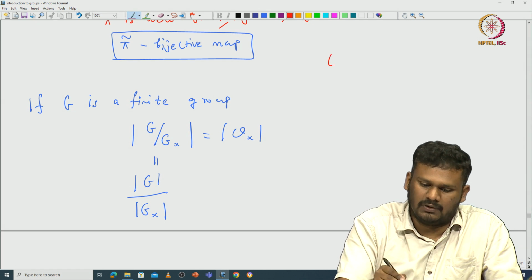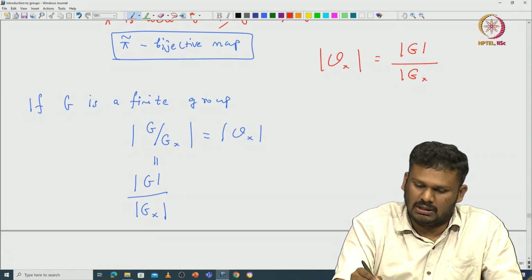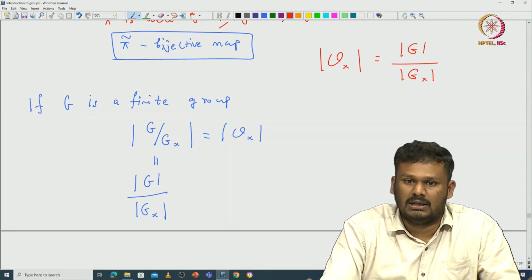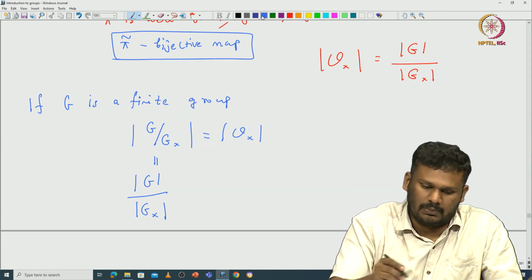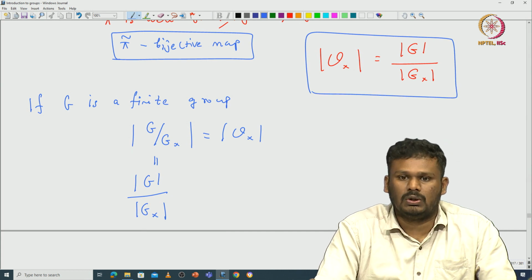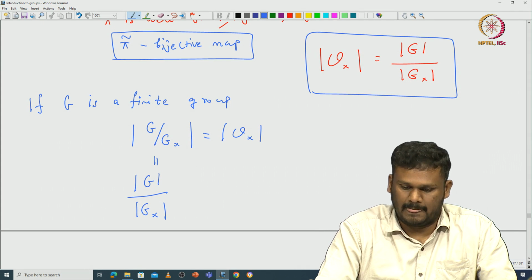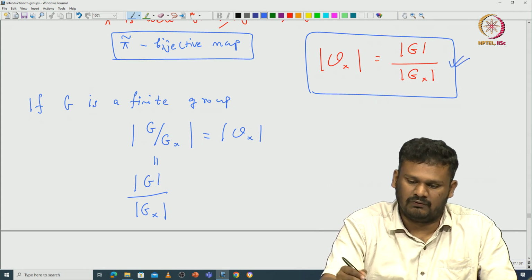The cardinality of the orbit is exactly equal to the index of Gx inside G, which is the ratio of the cardinality of G to the cardinality of Gx. This is called the orbit stabilizer theorem, which tells us how to count the number of elements in the orbit. This is a very useful formula.